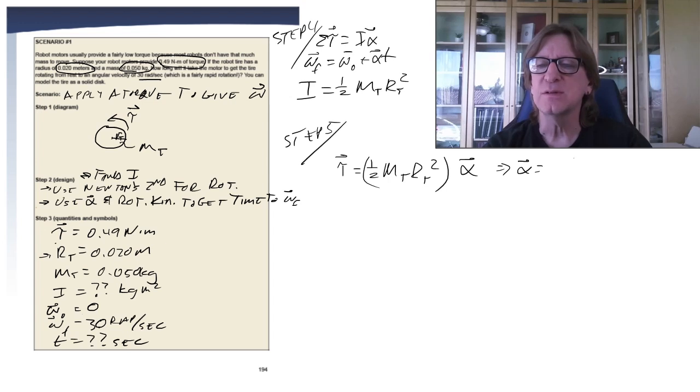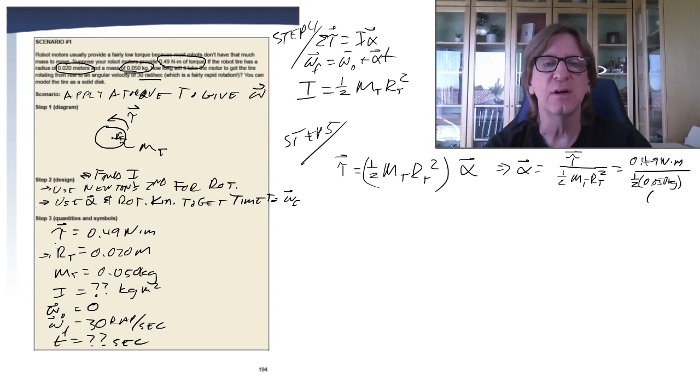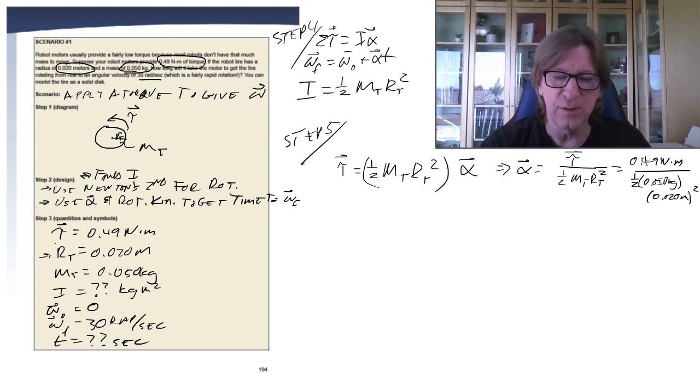That's going to be the torque divided by 1/2 m_t r_t squared. So that's 0.49 Newton meters divided by 1/2 times the mass of my tire, 0.050 kilograms, and the radius of my tire, 0.020 meters, squared.